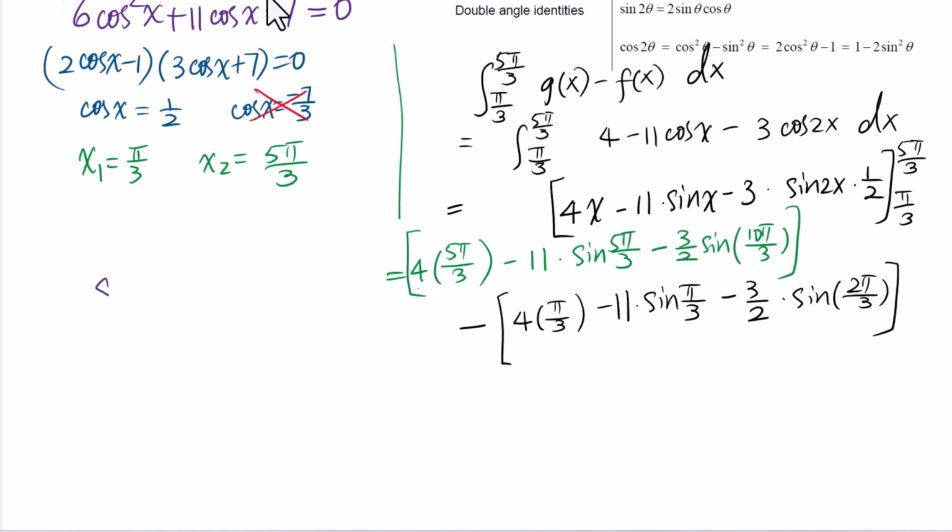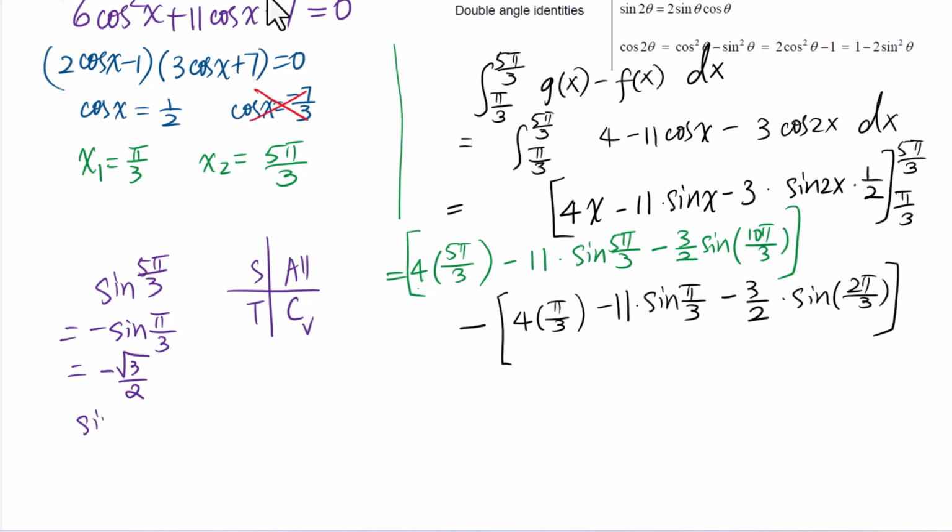We do know sine 5 pi over 3. All Students Take Calculus: for the fourth quadrant this is a negative sine, and the reference angle is pi over 3, so we got negative square root of 3 over 2.